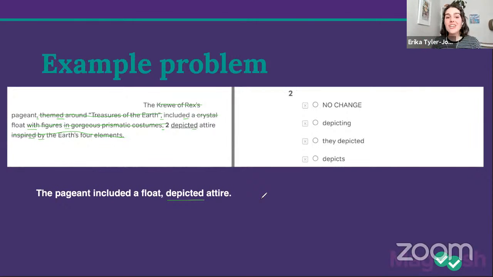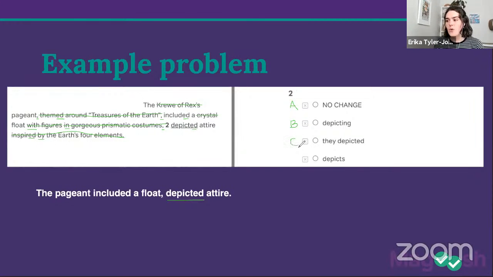I would like to reopen the poll and I would like you to answer again. Do you think the answer is A, B, C, or D based on this new sentence? So should we leave it as depicted? That is a sentence. Should we change it to depicting?